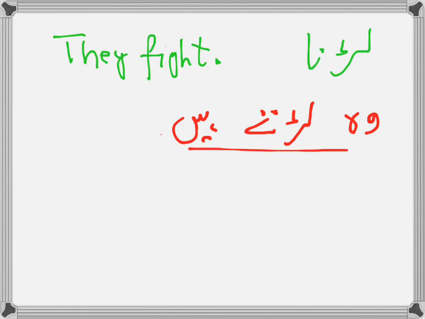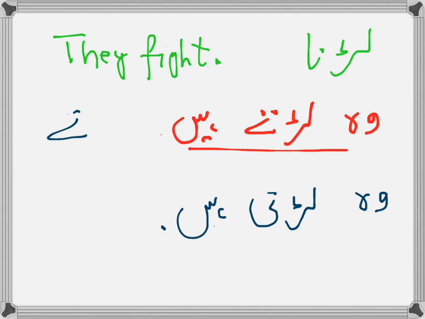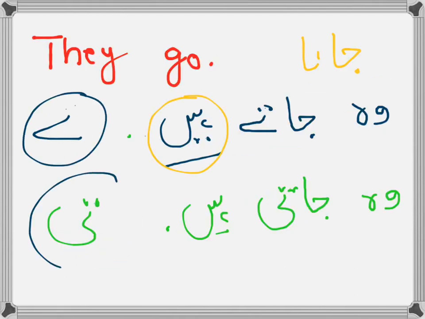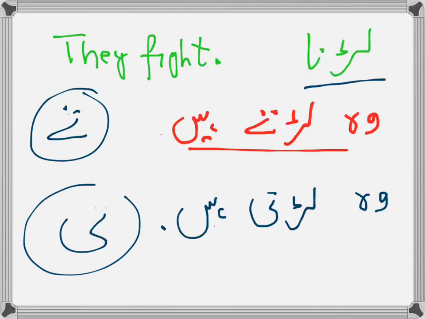And if you are only talking about female, then we will say वो लड़ती हैं. ते, ती. So you should know the stem of the verb and then you can just add ते, ती for male and female for plural and ता and ती for singular persons.